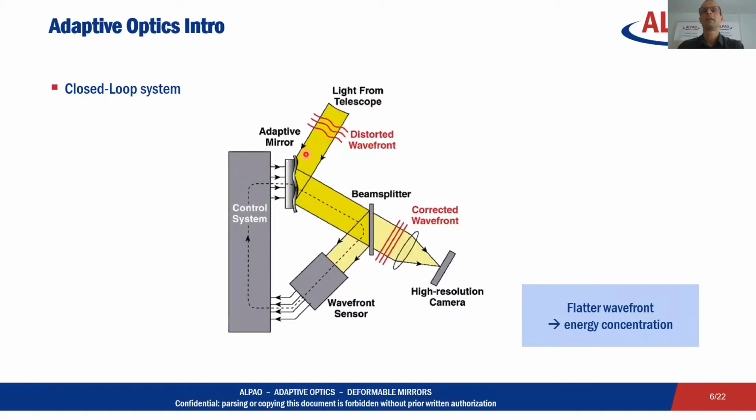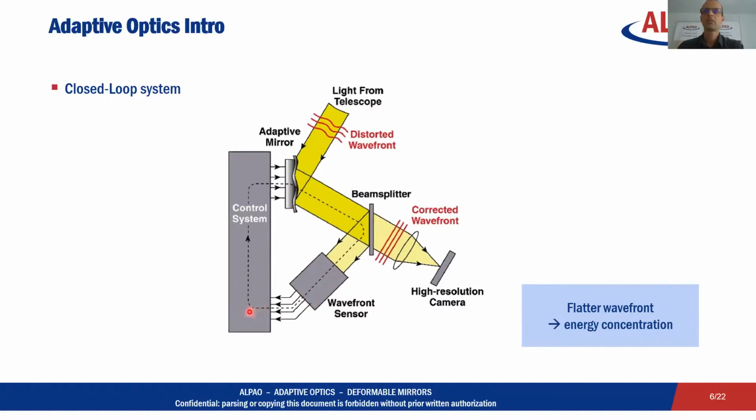This incident light is hitting the surface of a deformable mirror, which we have here. From there it bounces off, and we take part of this light to measure the wavefront with the wavefront sensor right here.